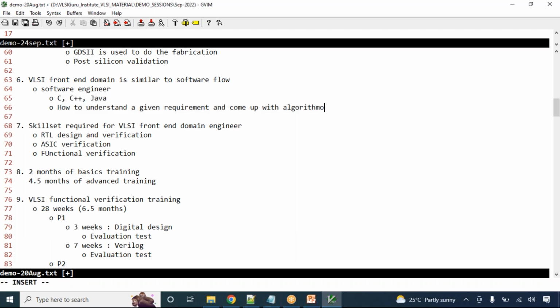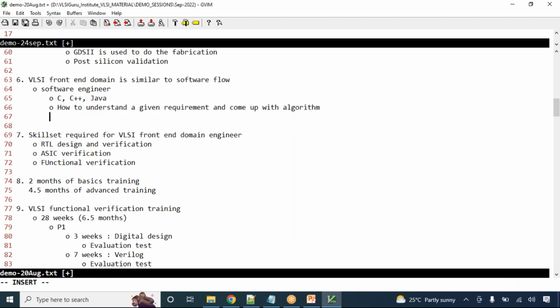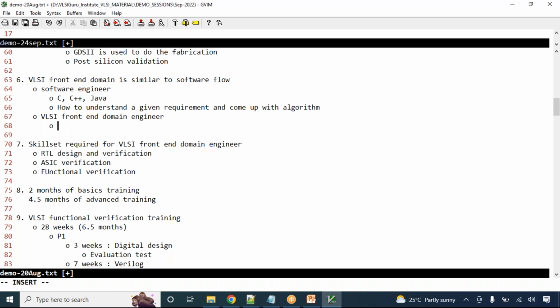When you talk about a VLSI front-end domain engineer, C is replaced with Verilog. C++ is replaced with SystemVerilog. Java is replaced with UVM. And a lot of similarities are there. What is the difference between C and C++?